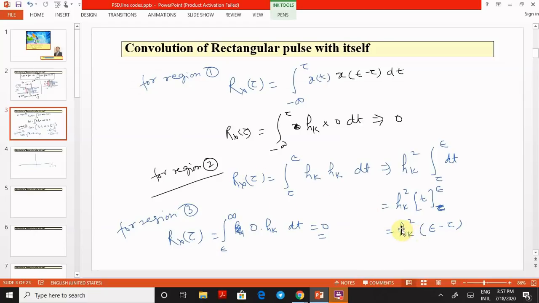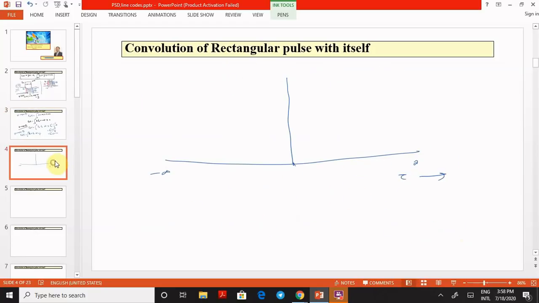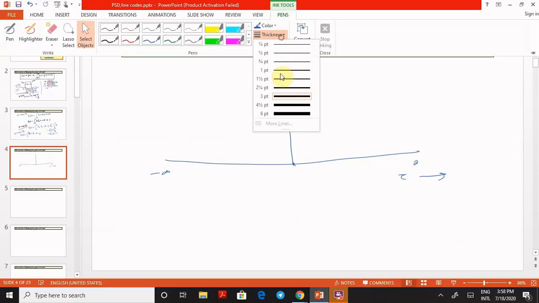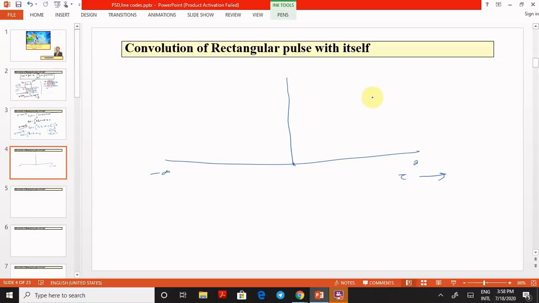In this reason, we are having the values hk square (epsilon minus tau). So we have to plot only reason number 2, which has the value hk square (epsilon minus tau). Here we can take two values. For example, when tau is equal to 0, the outcome will be hk square into epsilon.